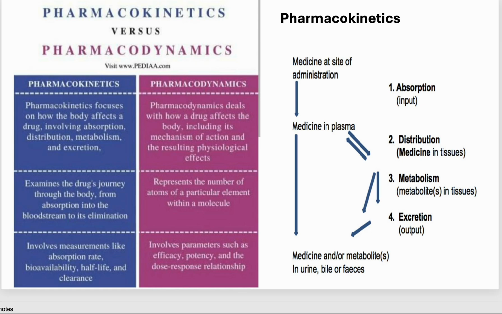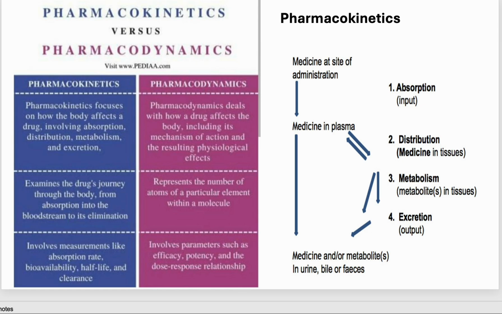The parameters involved are efficacy, potency, and dose-response relationship. We'll discuss pharmacodynamics in the next sessions, but today our focus will be on pharmacokinetics.